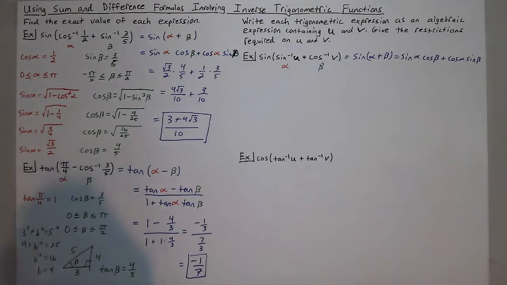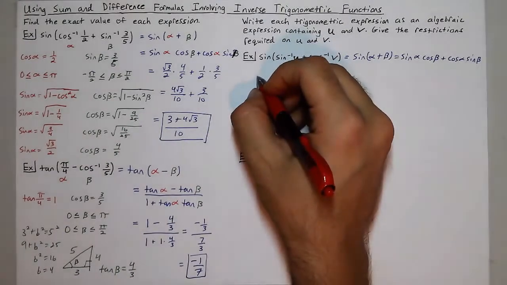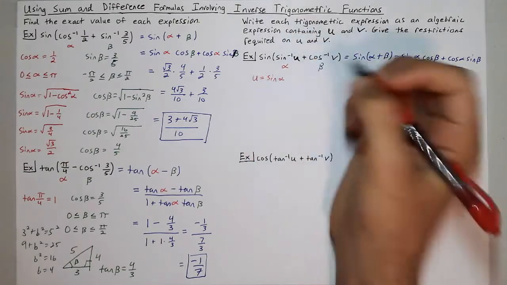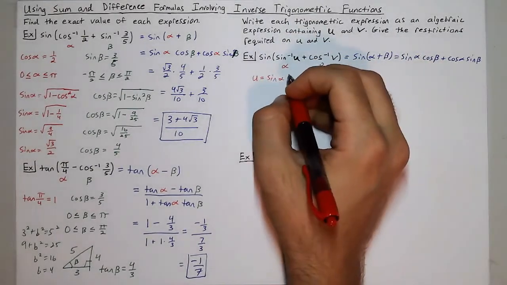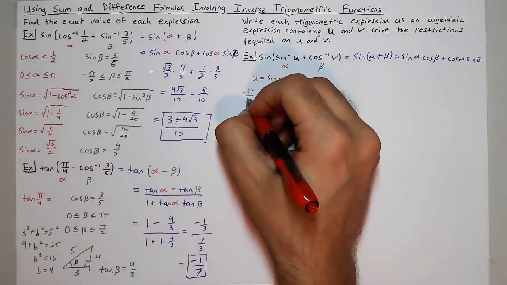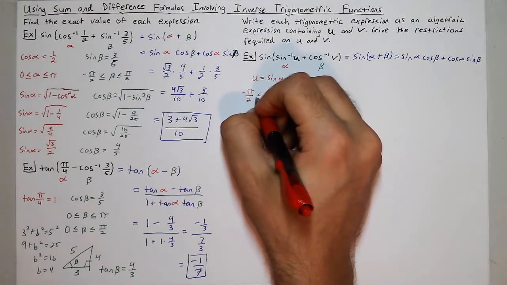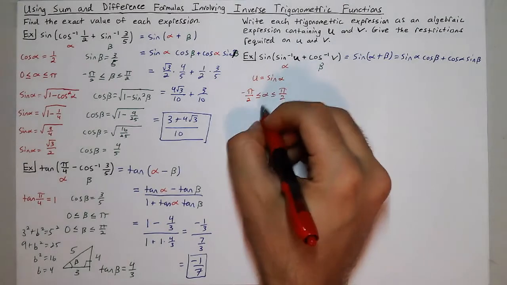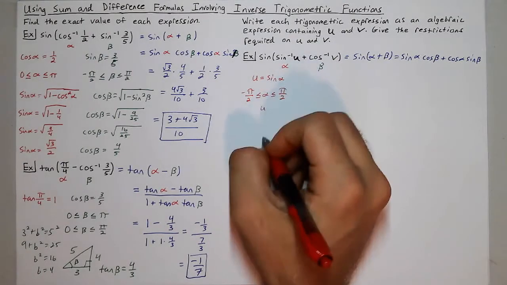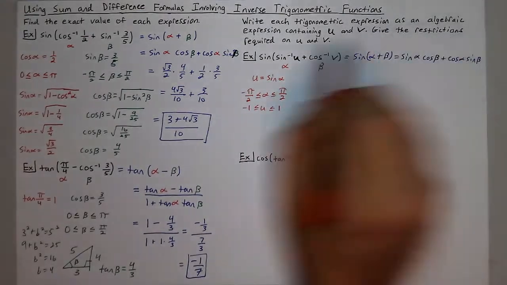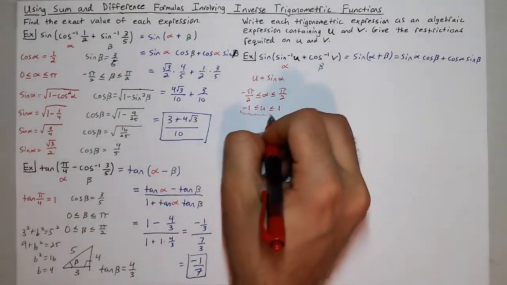So far, I know that u is equal to sine of alpha, given that alpha is between negative pi over 2 and pi over 2, which also means that u, just going off the maximum and minimum of sine, is between negative 1 and 1. And these are those restrictions it's asking us to give. So that's one restriction.